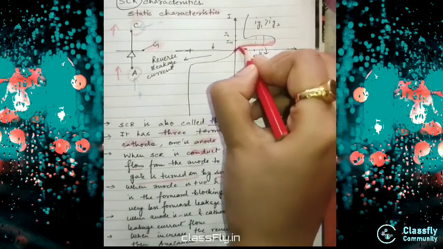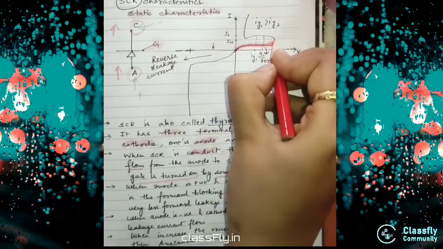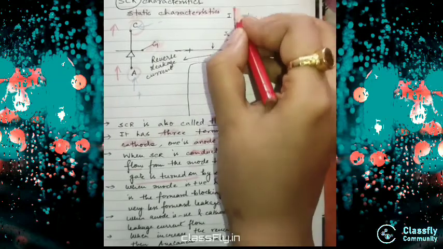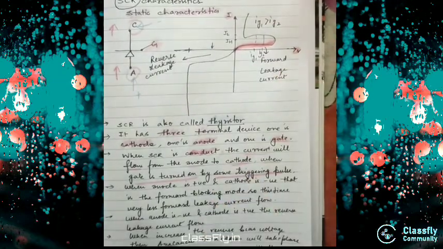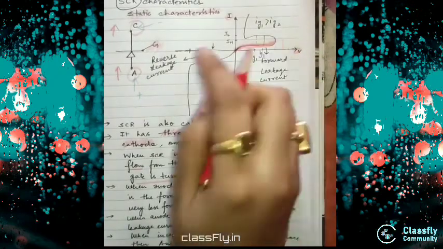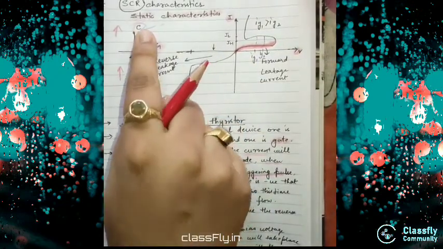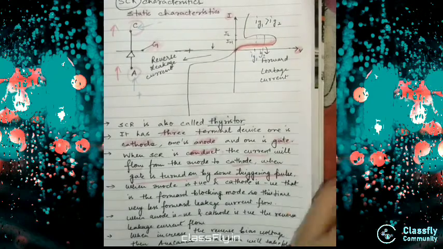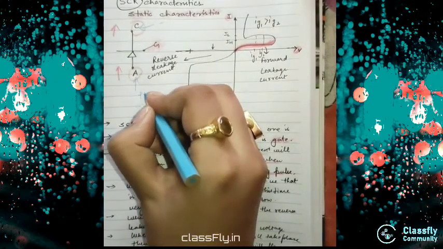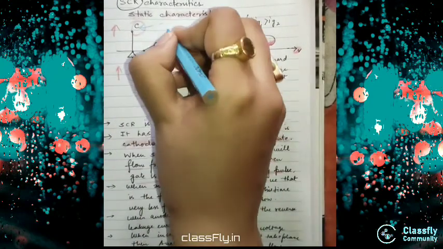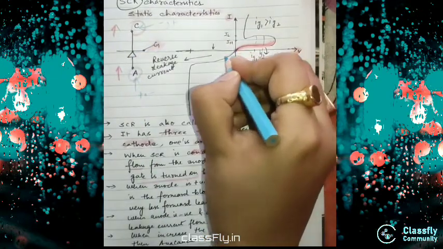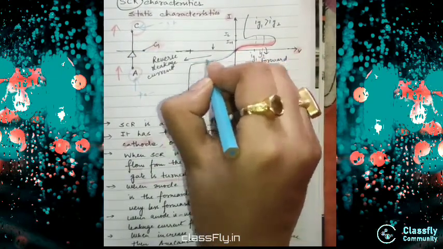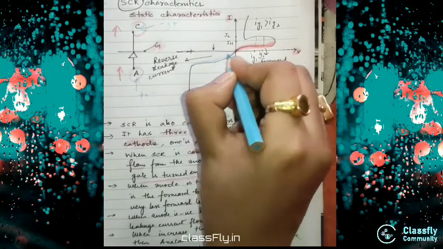On the y-axis is your current and on the x-axis is your voltage. So this portion happens when your anode is positive and your cathode is negative, and the opposite happens when your anode is negative and the cathode is positive. That means there will be a reverse leakage current which will flow from the origin.